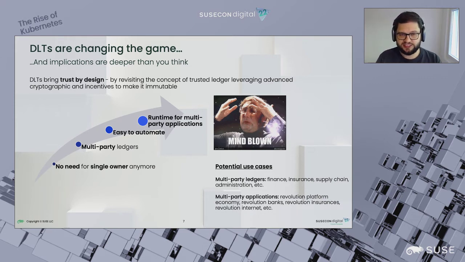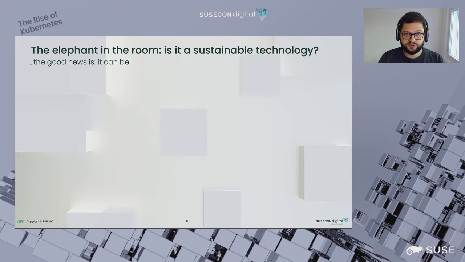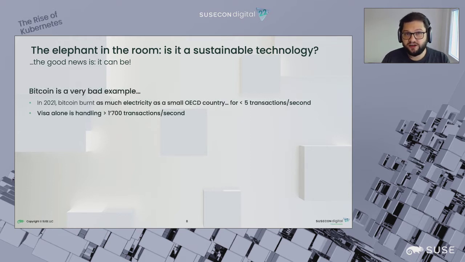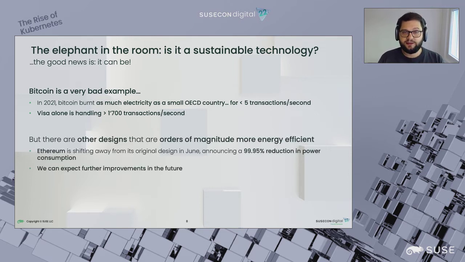So that's pretty deep. Of course, if you want it to work, it has to be sustainable. The good news is it can be sustainable. So far, Bitcoin hasn't been a very good example. Many of you have heard that. It's really not sustainable as it is, especially if we think of blockchain as a commodity for the future. But the good news is the reason why Bitcoin is so bad in terms of sustainability is because it was made based on design assumptions that were very naive.